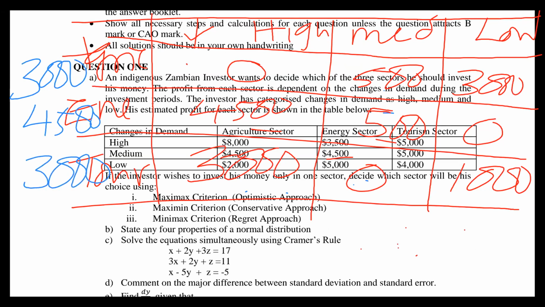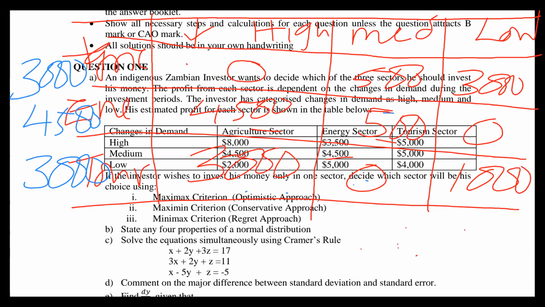Now, from here, you choose the minimum out of these maximums. Did you get that? What is the minimum out of these maximums? You find that the minimum is found from tourism or agriculture, isn't it? Yes, it is.